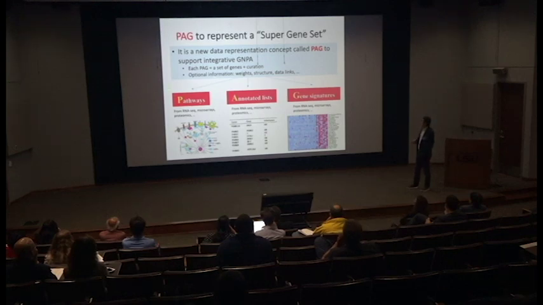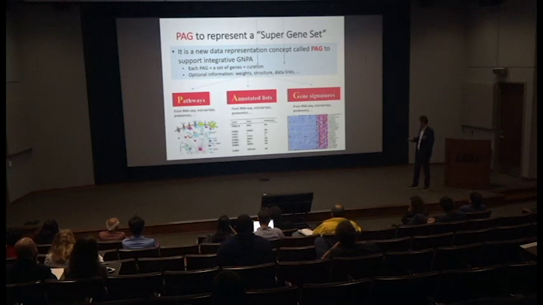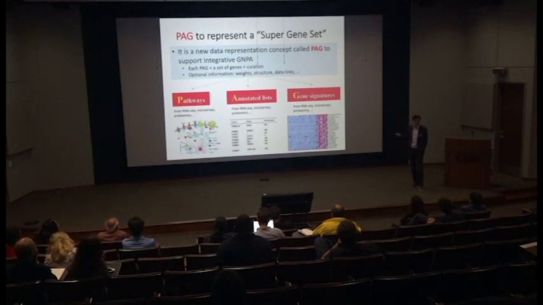Pathways are, in my opinion, just collections of genes with some structure, and these structures are previously well documented and supported by literature. Annotated lists are things that you collected from literature or databases, and you suspect that they're connected, but you don't really know anything other than the list. Gene signatures are more of a gene set that you collected from omics data sets. You can't explain them, but you know that they're real in a specific context. So I think that's the very basic data structure.